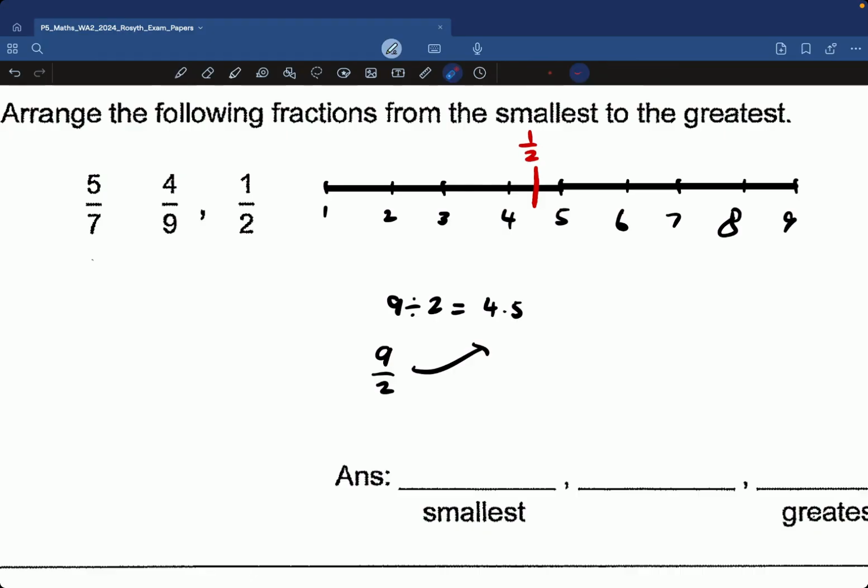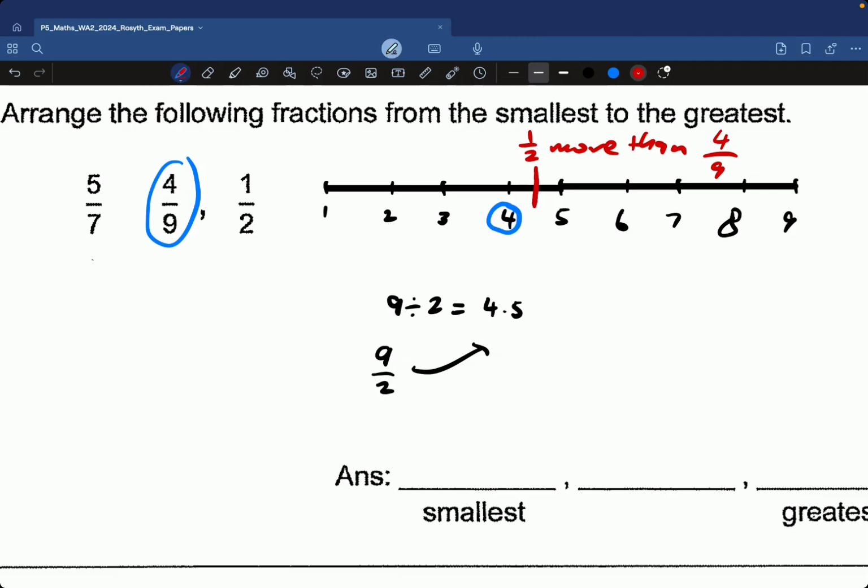Then we also have 4 out of 9. If I were to put a circle, 4 over 9 is actually over here. So in this case, is 4 over 9 more than half? No, half is actually more than 4 over 9. So now we know half is more than 4 over 9.